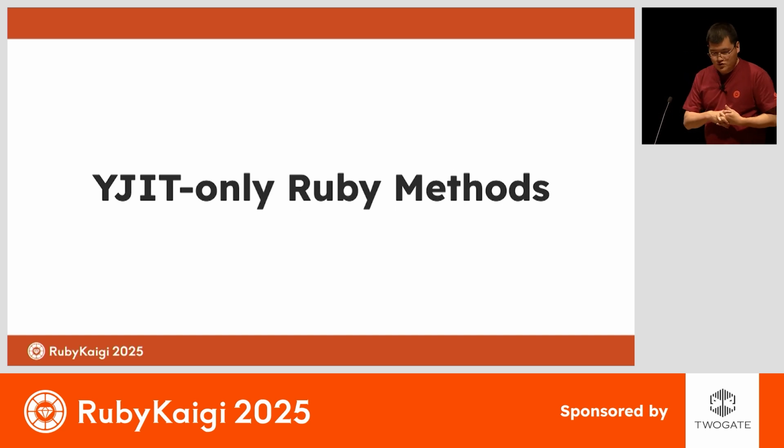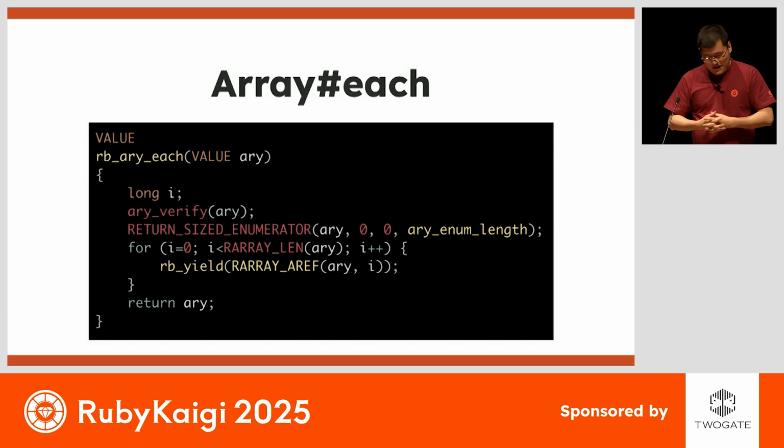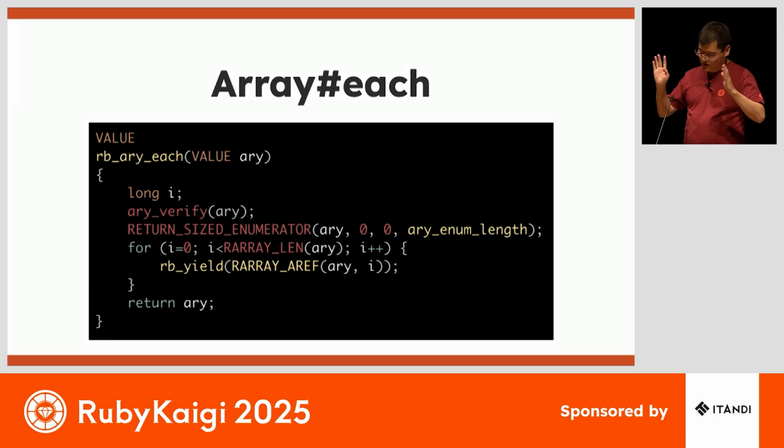The next thing I'm going to talk about is the YJIT-only Ruby methods. As you may know, Ruby is faster than C, so we have method definitions like this for Array#each. This is the historical C implementation for Array#each.